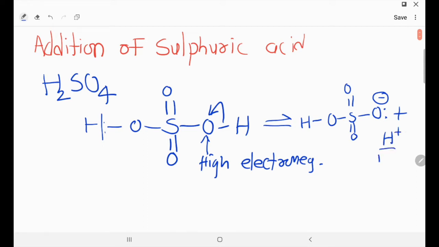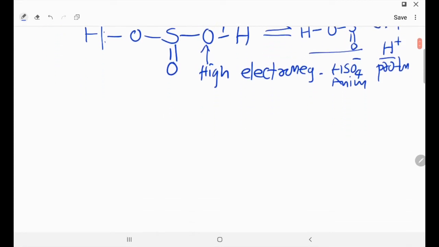So a proton is released, and this one is an HSO4 minus anion. The anion is generated.